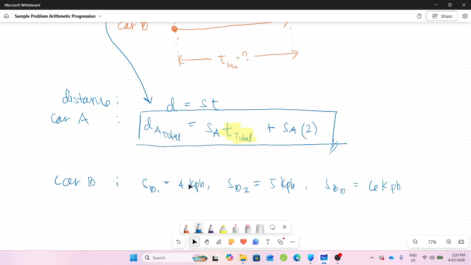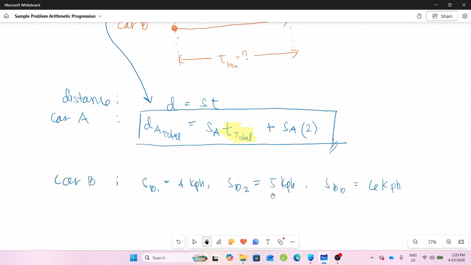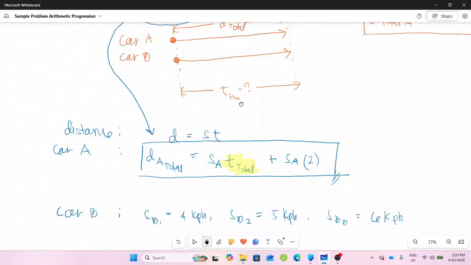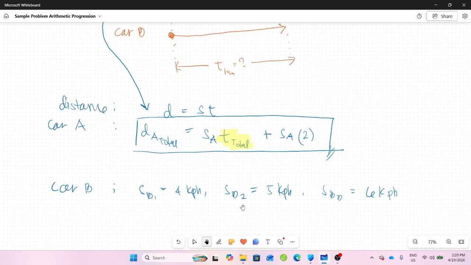So each time car B increases its speed, it travels different distances. So we have to individually add the distance traveled at each of these speeds.